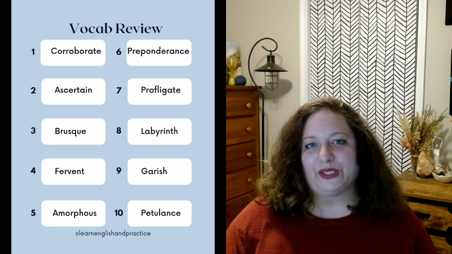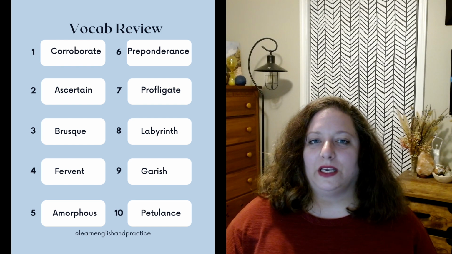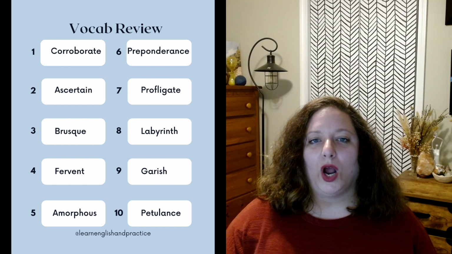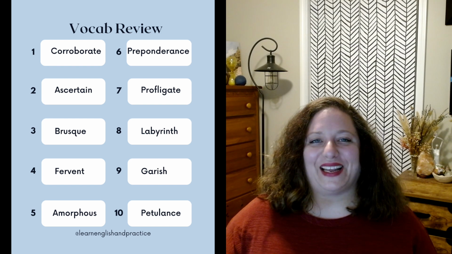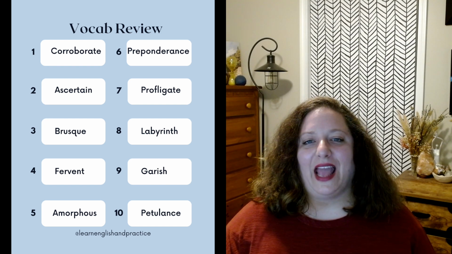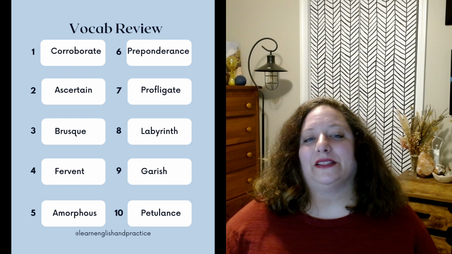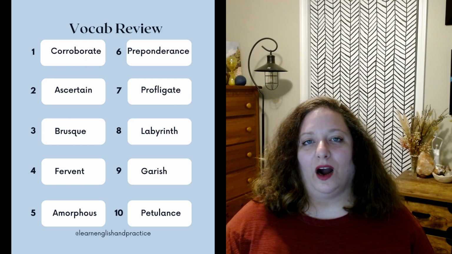So let's review these words, and I'll spell as we go. Corroborate means to confirm or give support to a statement, theory, or finding. Ascertain means to make sure of something.